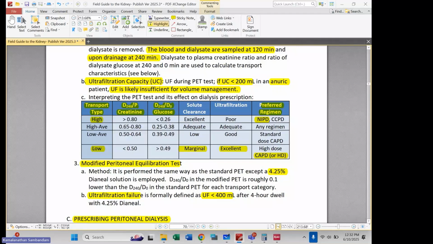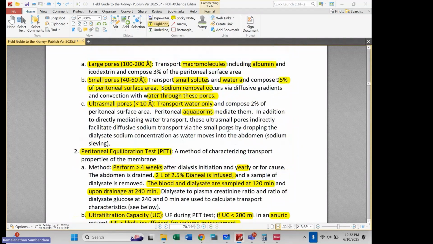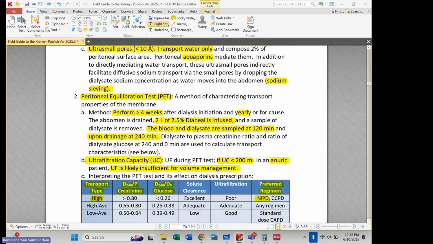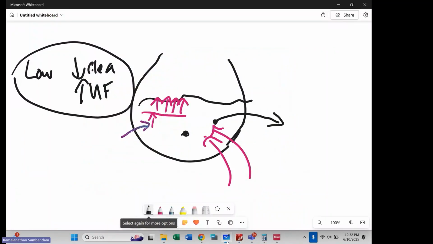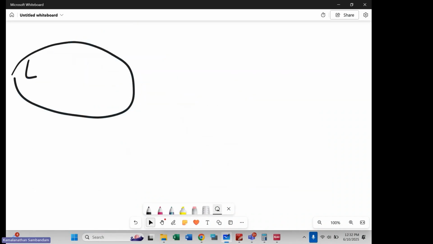I glossed over a concept called sieving coefficient, but I'll say that sodium sieving, not sieving coefficient. Sodium sieving refers to the ability for sodium removal to occur as a secondary process from the movement of water, okay?